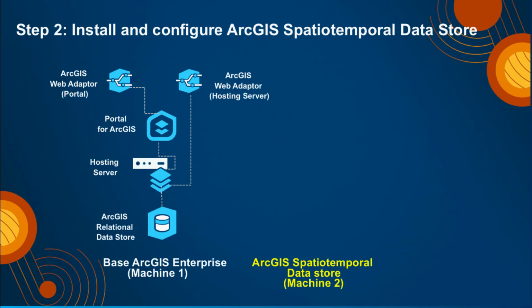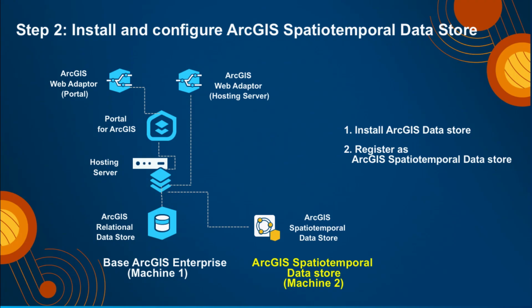On a second machine, you would install ArcGIS Data Store and then register that as the ArcGIS Spatiotemporal Data Store with the hosting server. So now we have registered 2 types of data stores, both with the hosting server, and this is on a second machine.